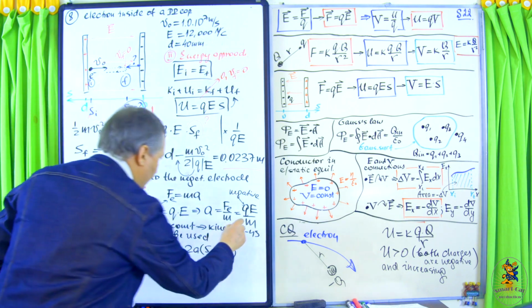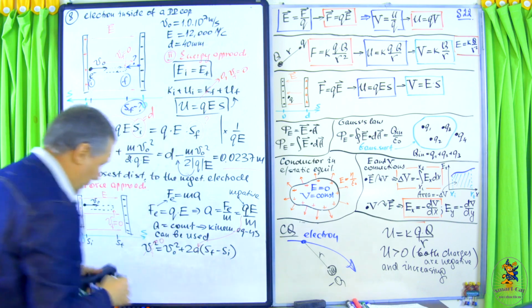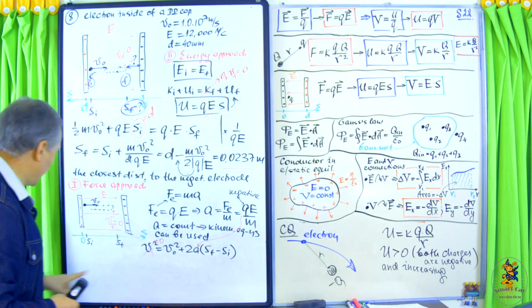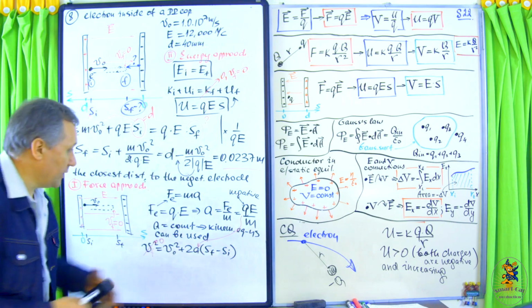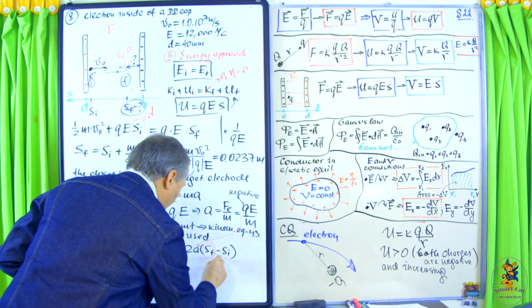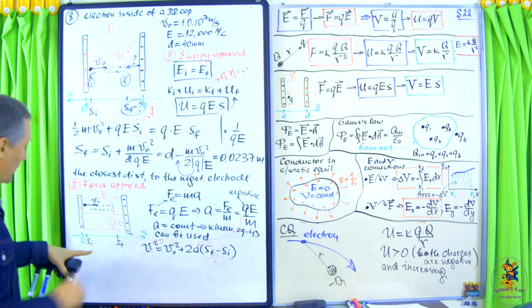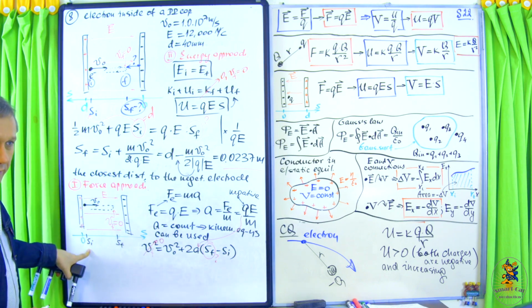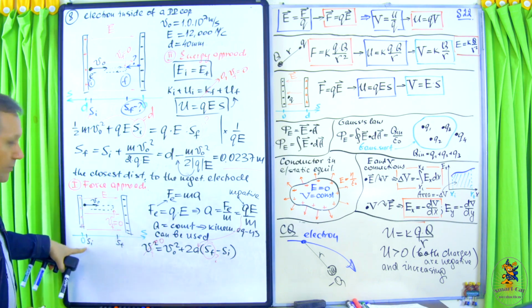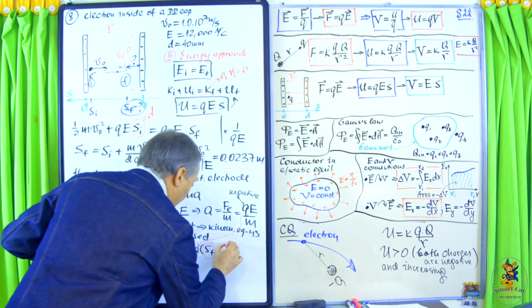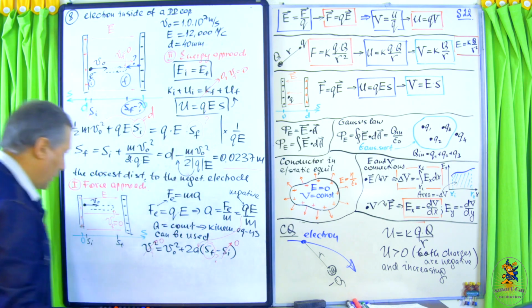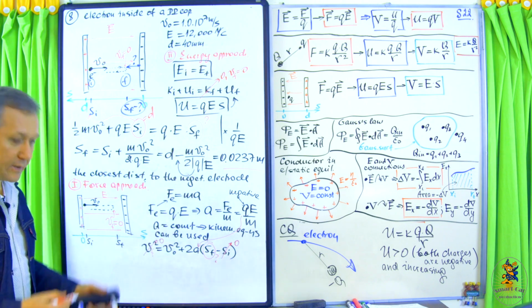Acceleration we just found, right? Final position, where is our final position? That's what we basically need to find. That's our question, right? And initial position is 0 because now I oriented my coordinate system in such a way that initial position is 0. So that is 0. So solve it for SF.